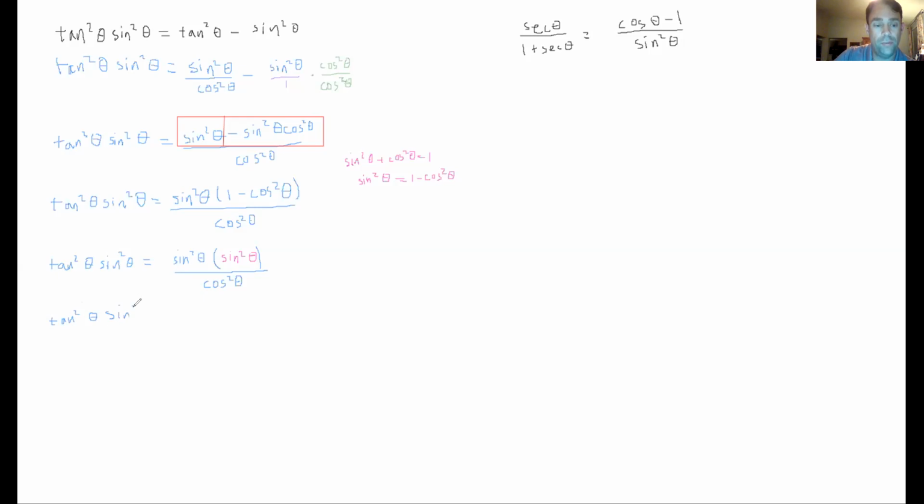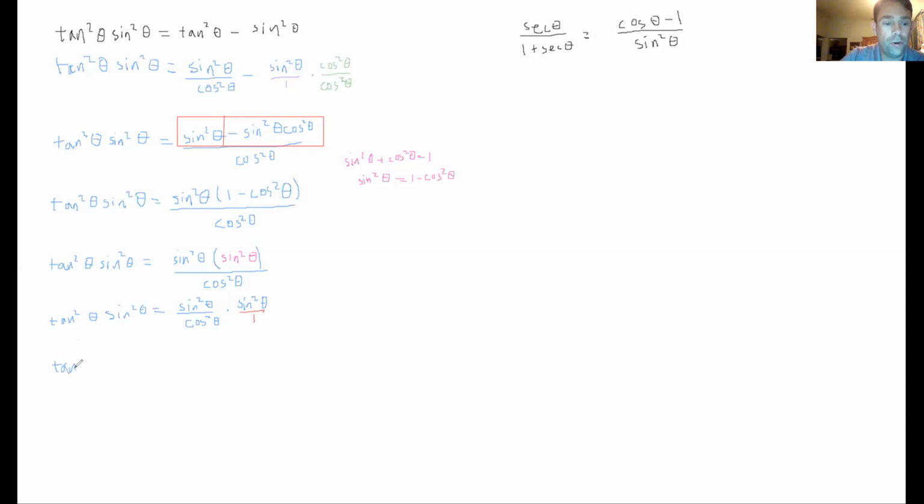If I leave that pink sine squared by itself and put the blue sine squared over the cosine squared, I can start to break them up just a little bit. So I've got that other sine squared by itself. And just for the fun of it, to show you how it was broken up, it just came out over 1. So it's just hanging out there.